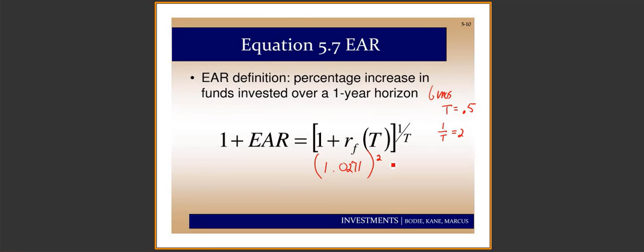So I'm going to raise that to the 2nd power, and then subtract 1, and that's going to give me my effective annual rate. So 1.0271 raised to the 2nd power, subtract 1, I get 5.49%.